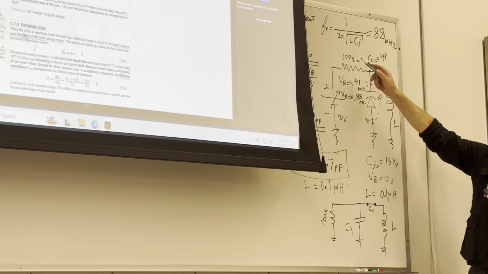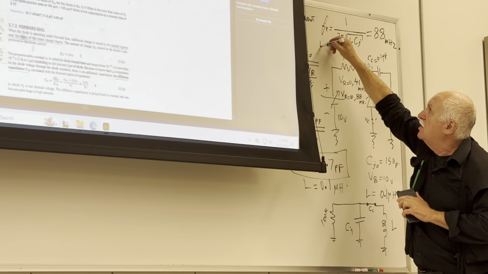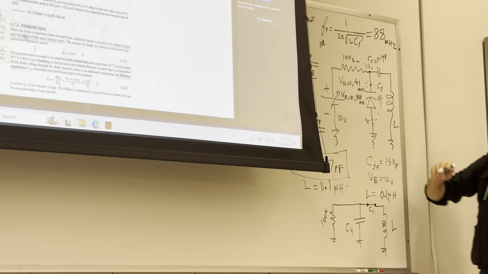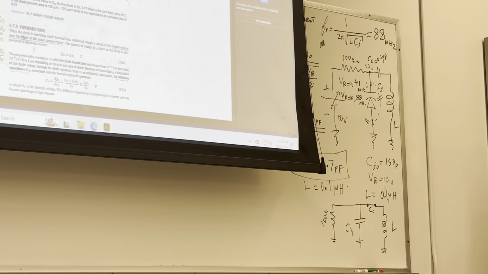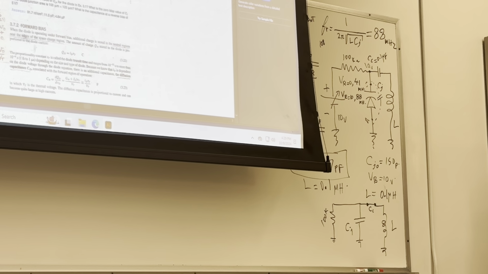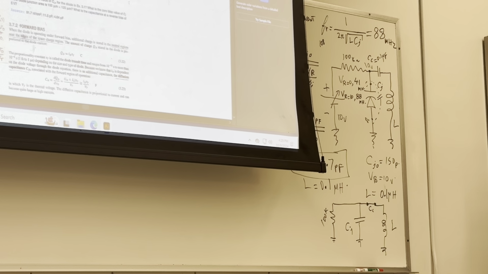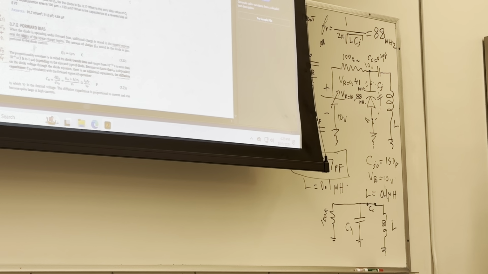According to that formula, I need 108 here. L is 0.1. How much CJ do I need? Okay, here's how to do it. 108 mega, exponent 6, multiplied by 2 pi times 2, is equal to that. Square it.